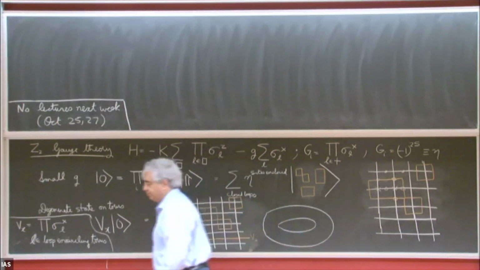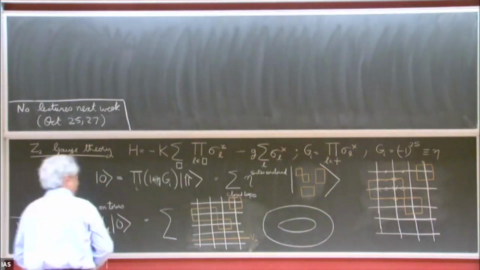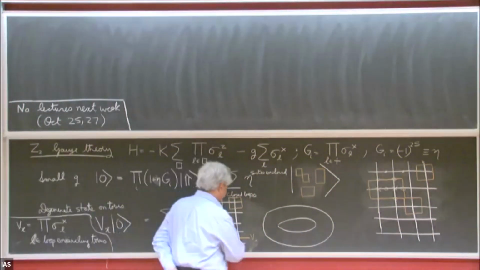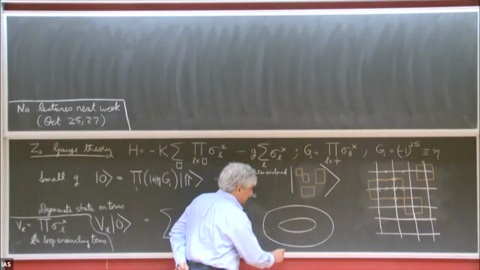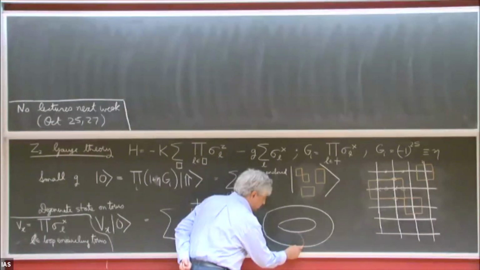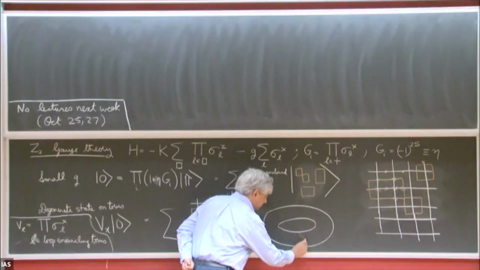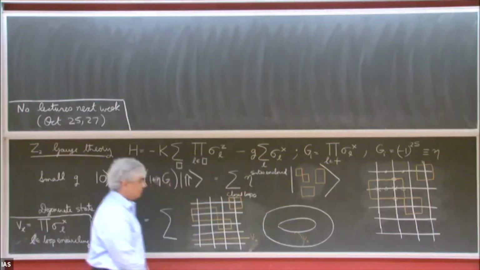Then I have one loop, and I'll try to now respect the color. So Vx is always an orange line. So let's imagine Vx is going this way. So this is the ground state with Vx going this way.